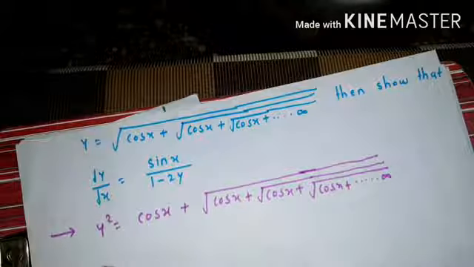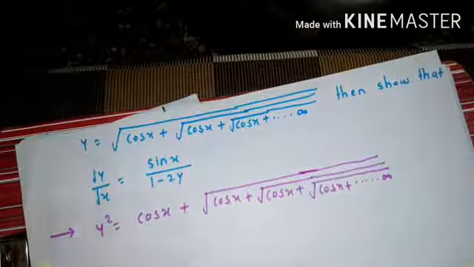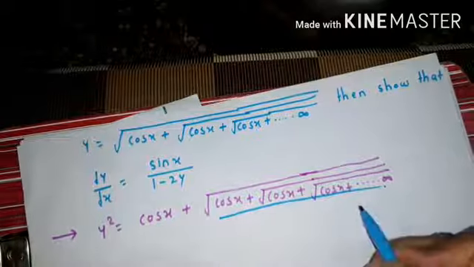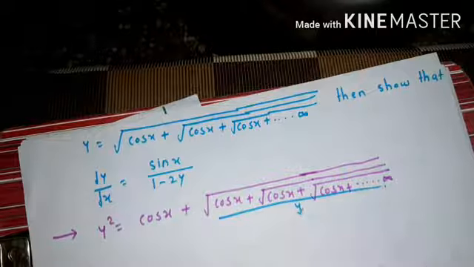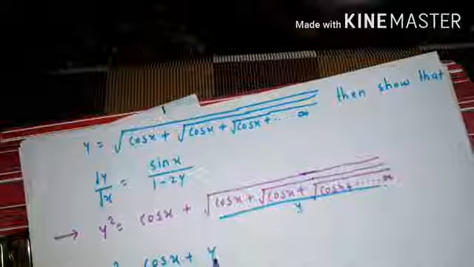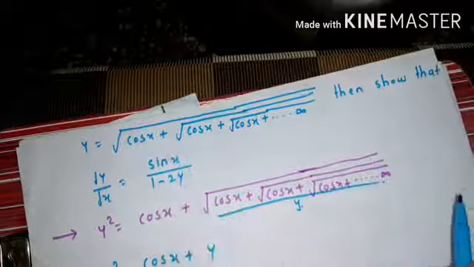If you observe, this is the value of y again. Therefore, we now have y square equal to cos x plus y.